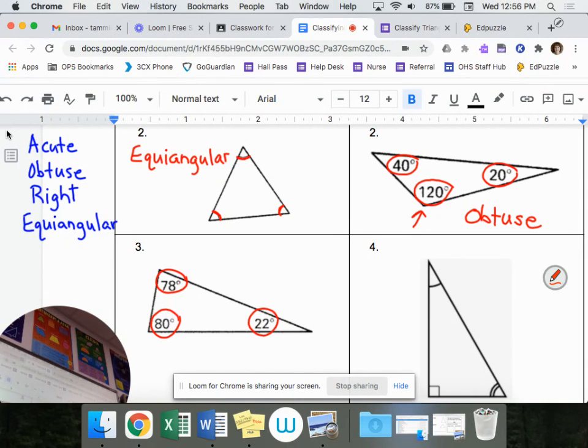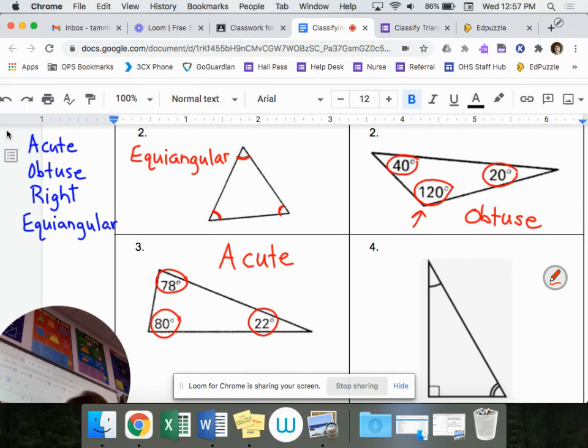And we know from the last problem we did, an obtuse triangle has to have one angle greater than 90. We don't have that. So we can rule out obtuse. So we're left with acute, but let's make sure that's correct. Acute triangles, all 3 angles have to be less than 90. And yes, they are all 3 less than 90. So this is acute.